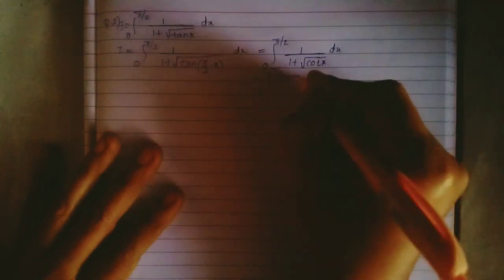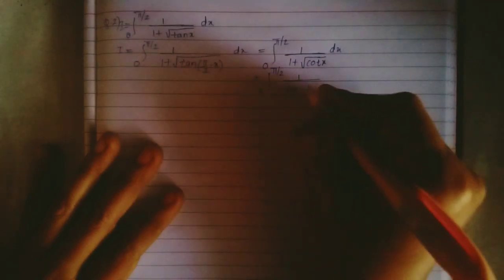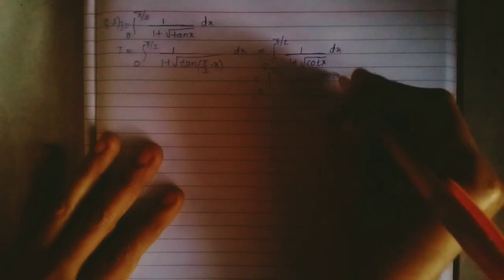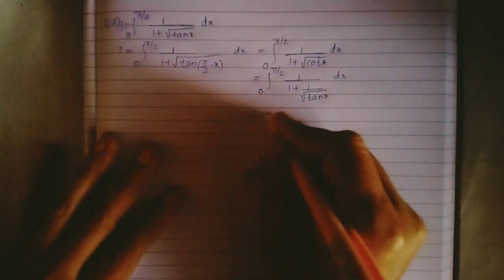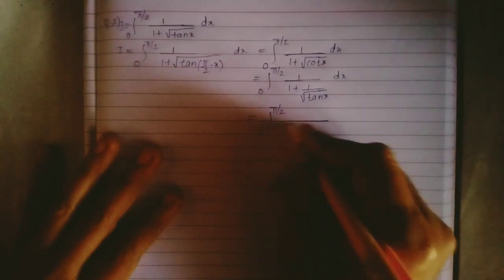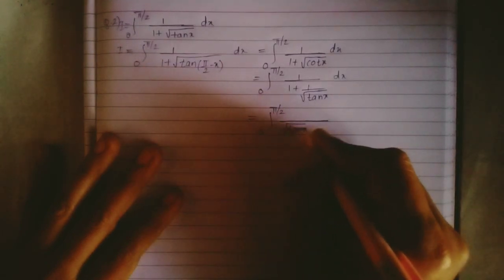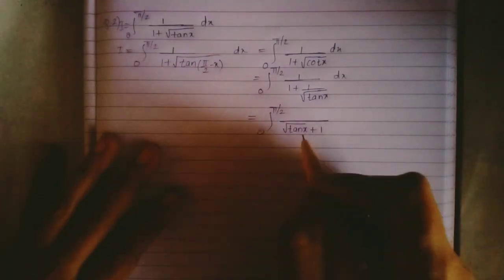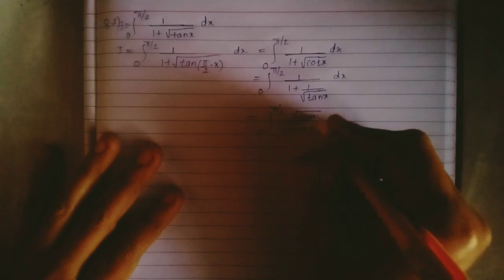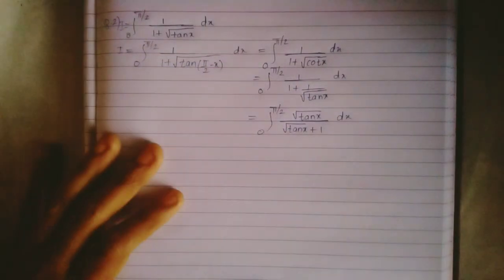So I'll write it here, 1 upon root tan x. Now cross multiplying, you will get root tan of x plus 1 upon root tan of x, which will go in the numerator, dx.